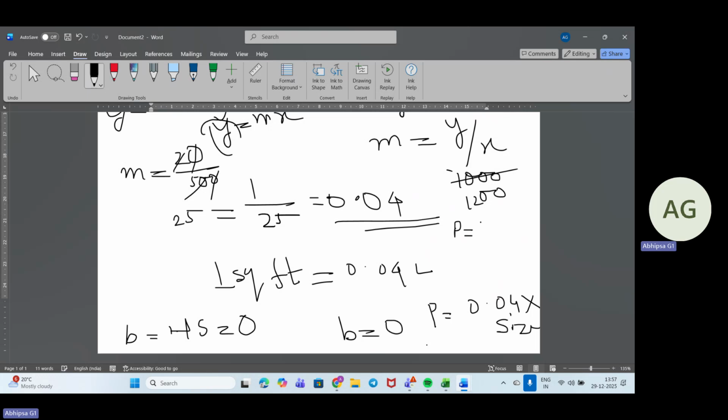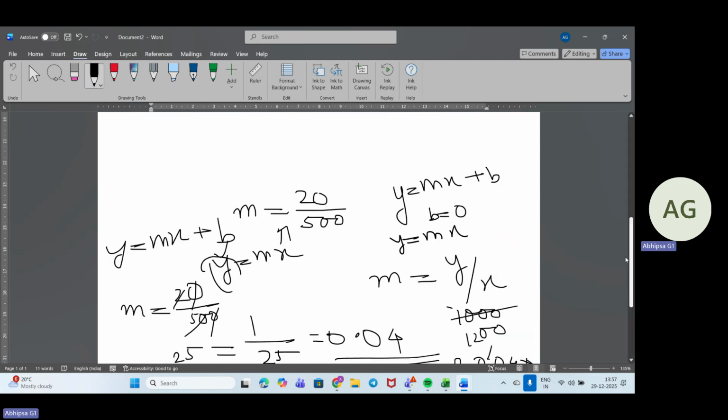My price will be 0.04 into 1200, right? The denominator 100 gets cancelled automatically. So 12 into 4 is equal to 48. So we are getting the value as 48 lakhs.